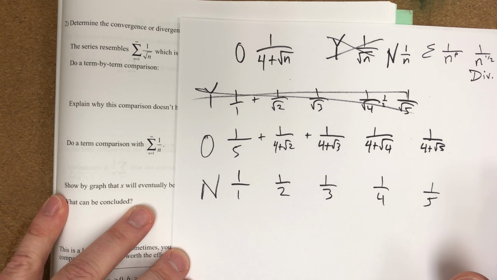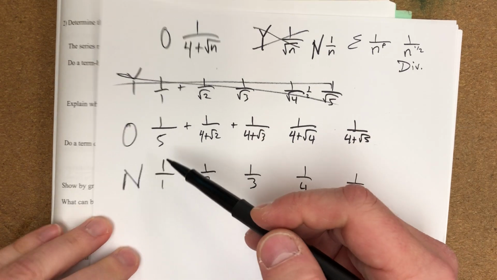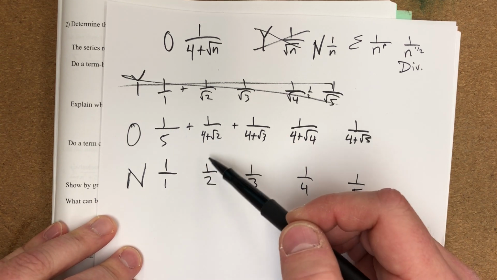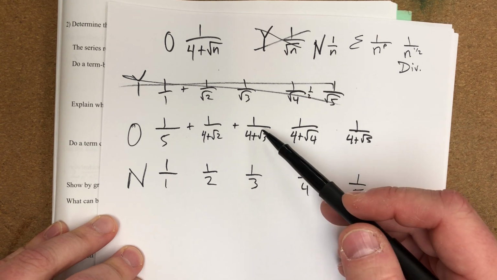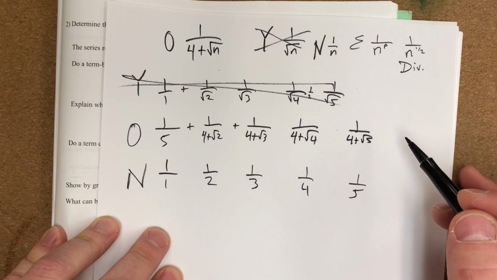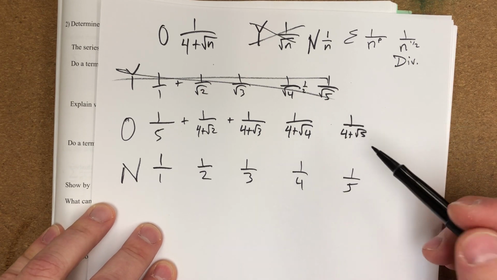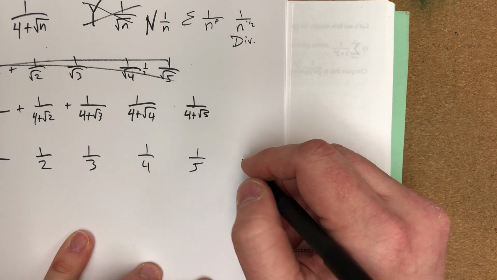Yep, 1 over 1 is bigger than 1 over 5. 1 over 2 is bigger than that. 1 over 3 is bigger than that. 1 over 4 is bigger than that. 1 over 5 is bigger than that. Why are they telling me to do this? These are all bigger. Let's skip to like 1 over 100.